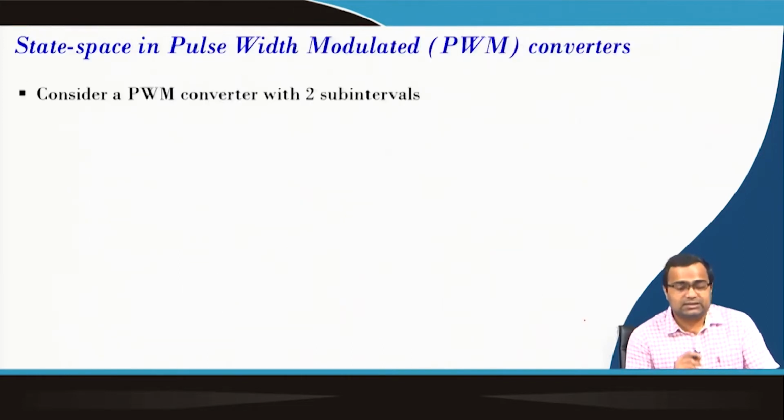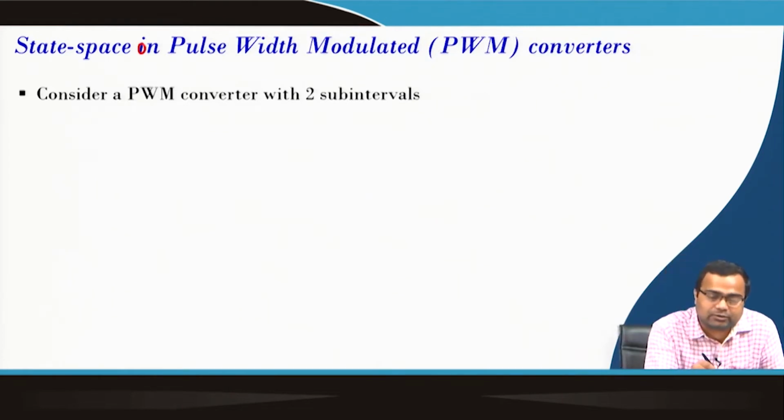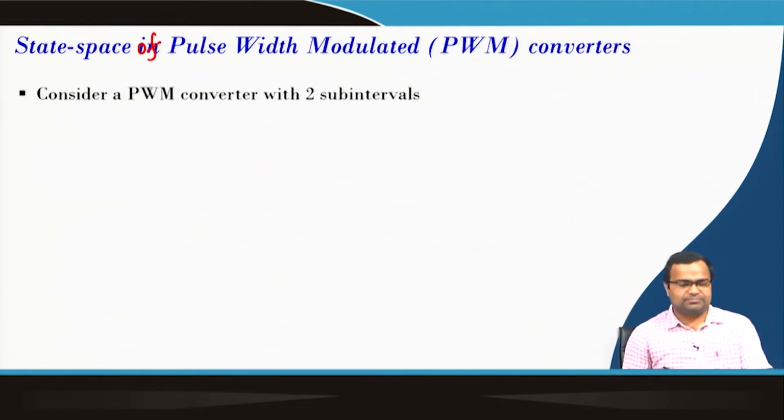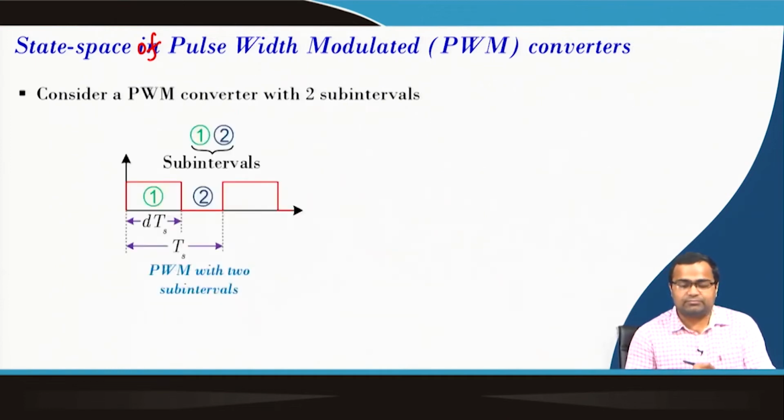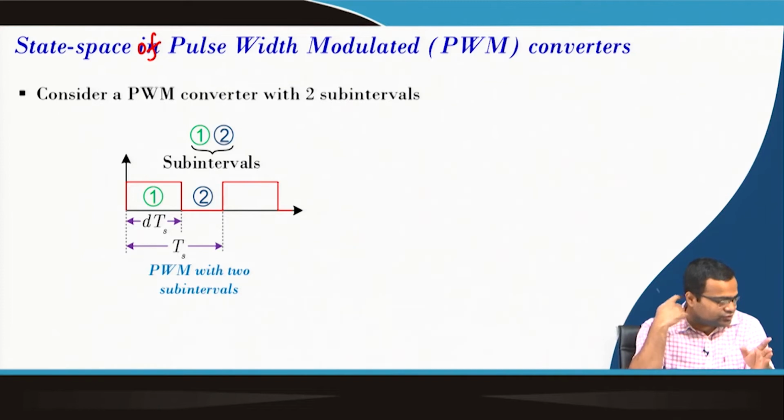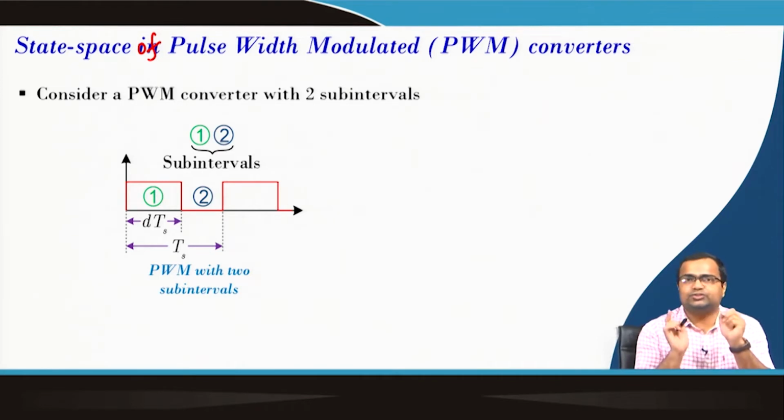The next part: the state space for a pulse width modulated converter. So, consider a PWM converter with 2 sub intervals. That means in this switching converter, whether you take a buck, boost or any other converter, in continuous conduction mode, generally for hard switched converters like buck and boost, as well as buck-boost, we will get two switch states: switch is on and switch is off.